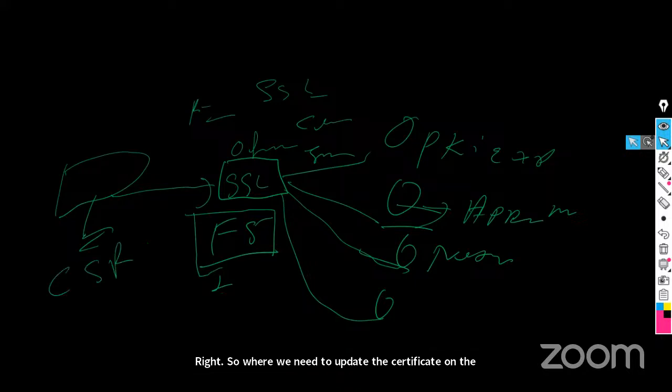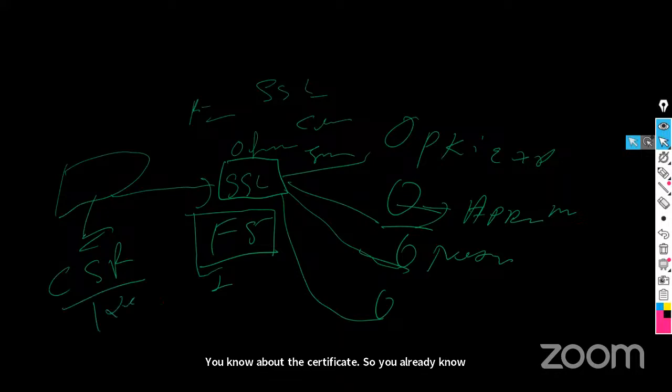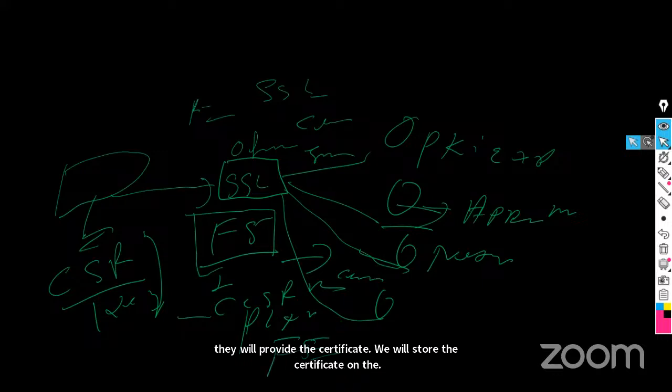You know about the certificate, so you already know about CSR, right? We need to create the key, then provide the CSR to the application team to work with the PKI team or whoever is providing the certificate. Once they provide the certificate, we will install it on the F5, right? So we will also cover this one.